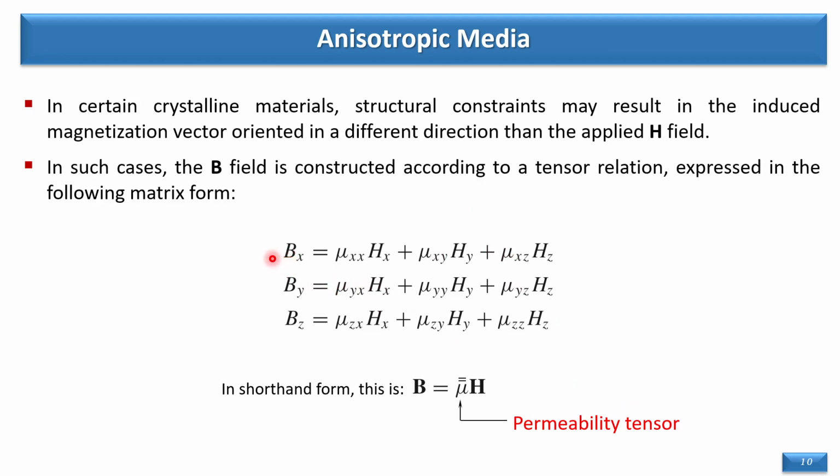If B is applied in X, it can produce H in 3 different directions based on those parameters, and this material is called anisotropic material. Just for your information, we are not going to deal with this in our course, but just to let you know about it.